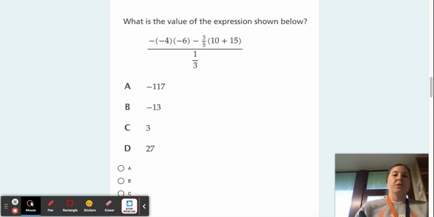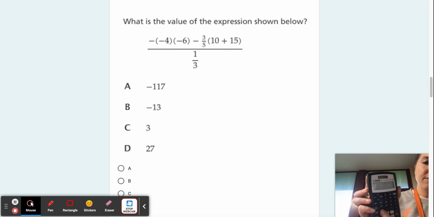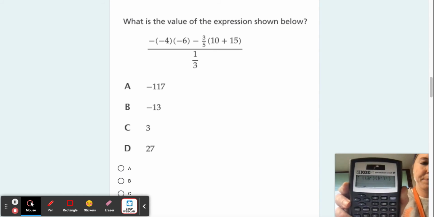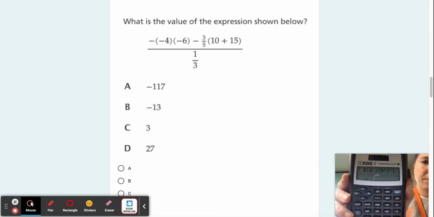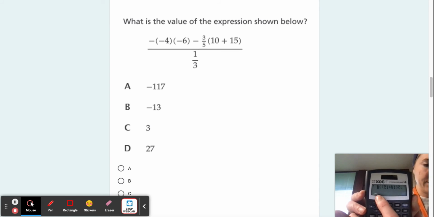Okay, I got it. So when you're doing this whole entire thing, you're going to want to put a parenthesis around the whole entire first one. So you're going to want to put a parenthesis first, then a negative, then a parenthesis again, and then a negative 4, closed, and then another parenthesis around the 6, and then minus 3 ABC 5, and then parentheses 10 plus 15, and then you have to do a double parenthesis at the end to close it.